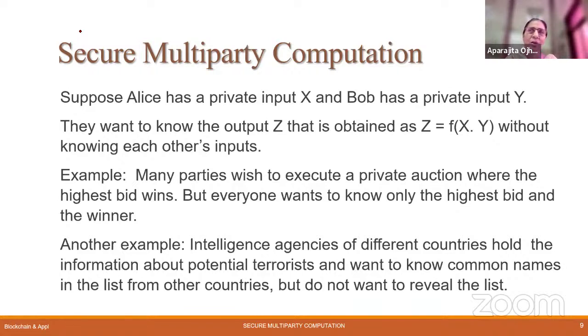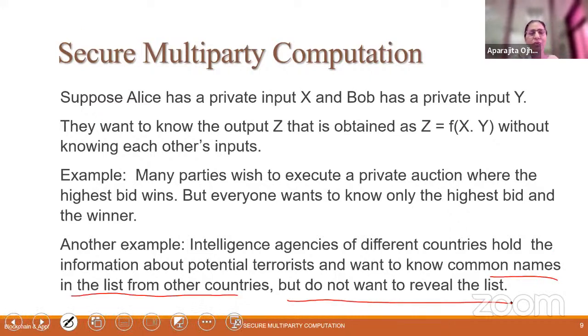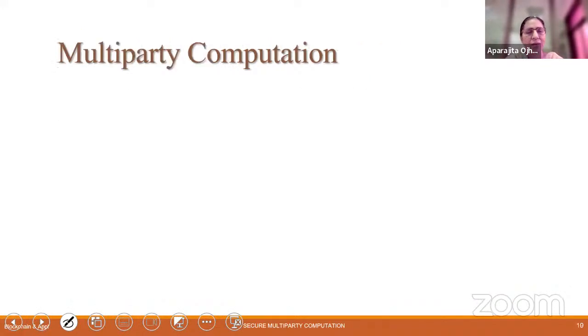And so people would like to know from different countries what are the common persons in the list of terrorists, but they would not like to reveal the list that they have. So they want to know the common names in the list, but do not want to reveal the list. This is one example.